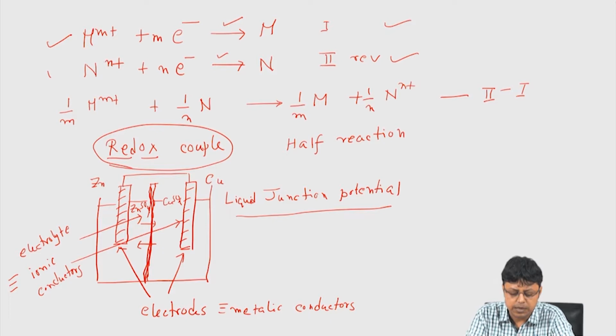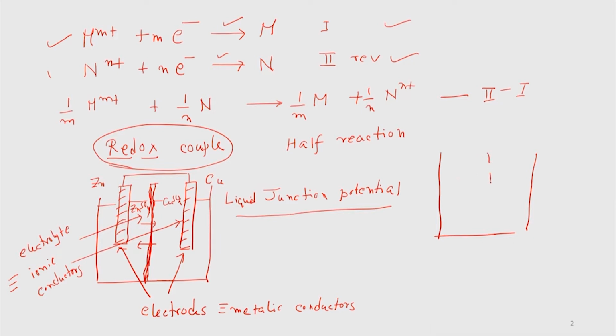And for that, what we do is, suppose these are the two electrodes, we actually connect them, but instead of connecting through a porous membrane, we connect through something known as a salt bridge.